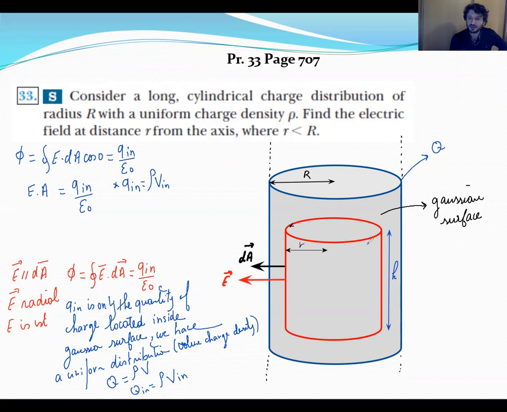And here A equals the area of the Gaussian surface of this one, the red one.